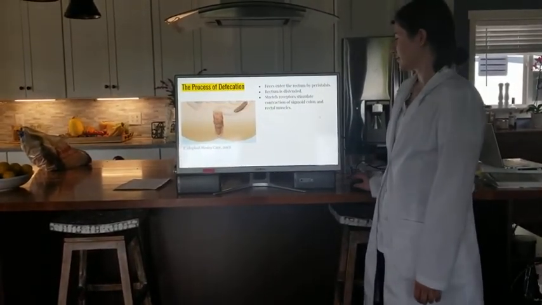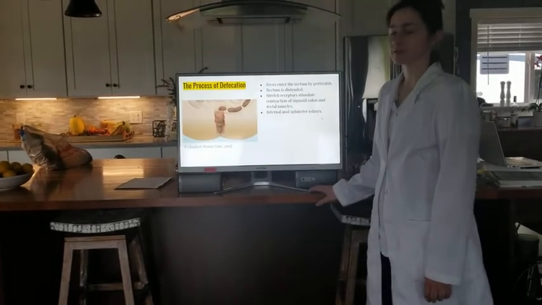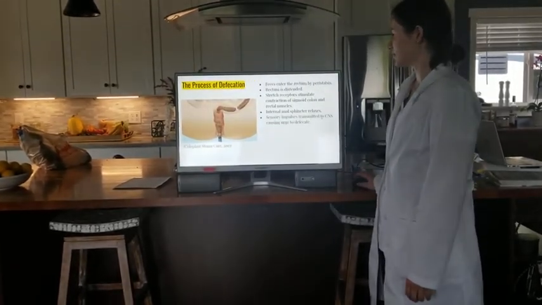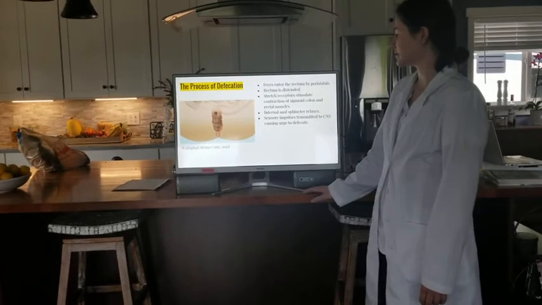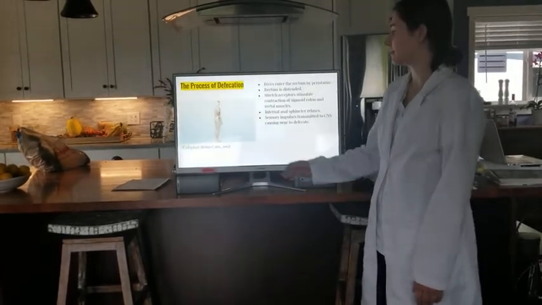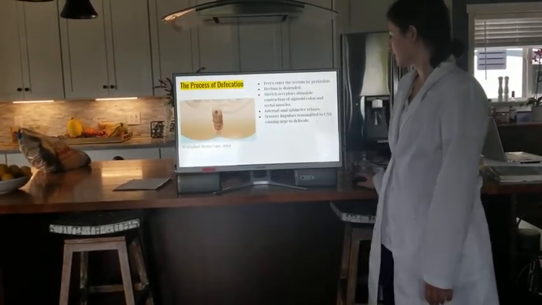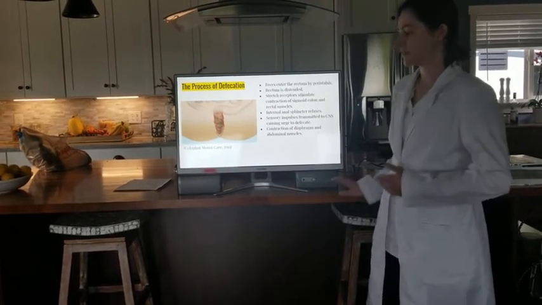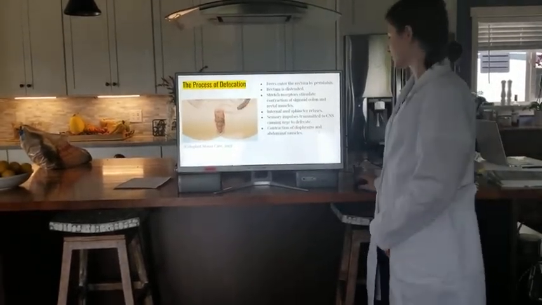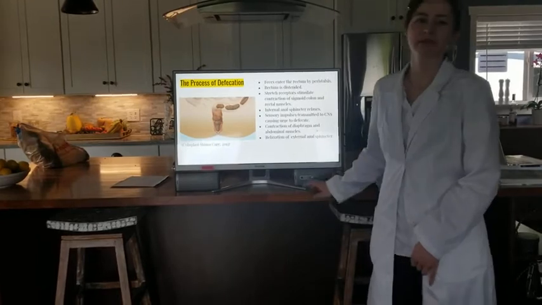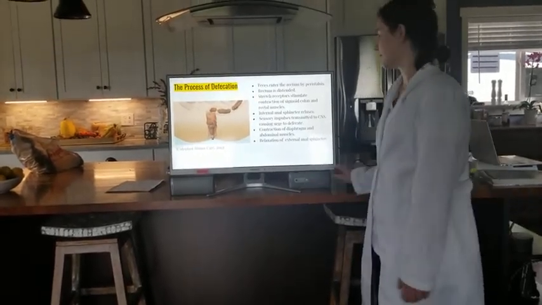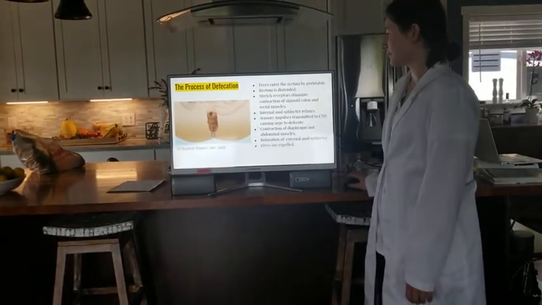The internal anal sphincter relaxes and sensory impulses get transmitted to the brain, causing the urge to defecate. Contraction of the diaphragm and the abdominal muscles allows the relaxation of the external anal sphincter, and then the feces are expelled.